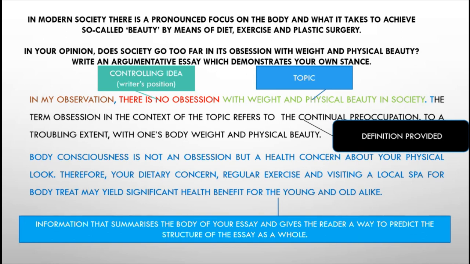They have chosen a side, a position, and they are disclosing that in the introduction. There is no obsession with what? Weight and physical beauty in society. Where does that part come from? The introduction. So I have the controlling idea and the topic reference, which then give us what we call a thesis statement. That's what a thesis statement would look like.